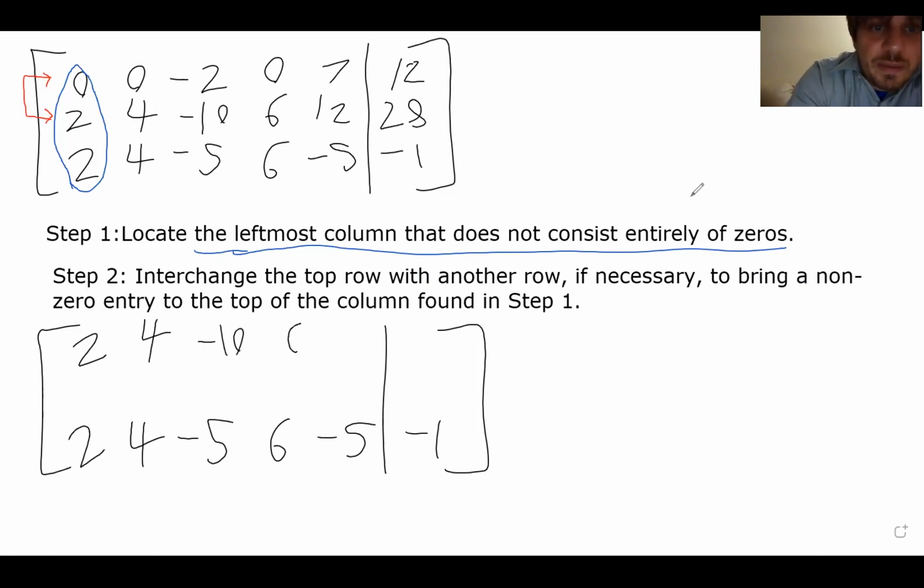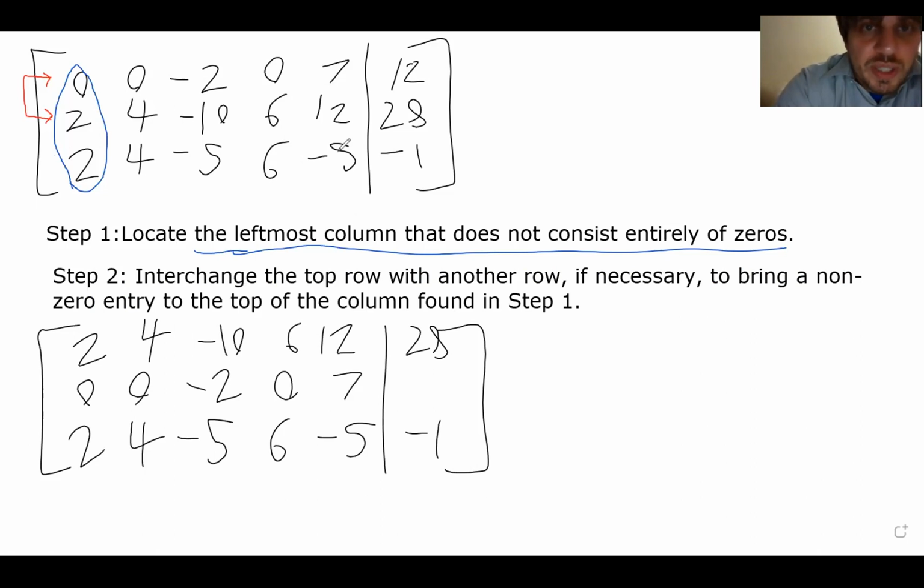So you have these entries here, right? These are the entries from the second row, which is moved to the first row. And now I'm just writing what was the first row as the second row. Okay, so now I've switched the first and second row, and I now have it here.